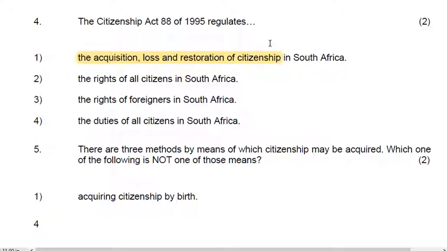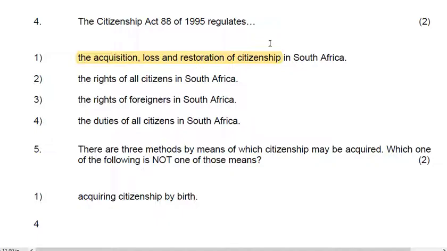I don't know how to say this, but the simple thing that you can do here is just Google, in any search engine that you're using on your cell phone or whatever, Act 88 of 1995. Then you are going to notice that this act deals with South African citizenship.